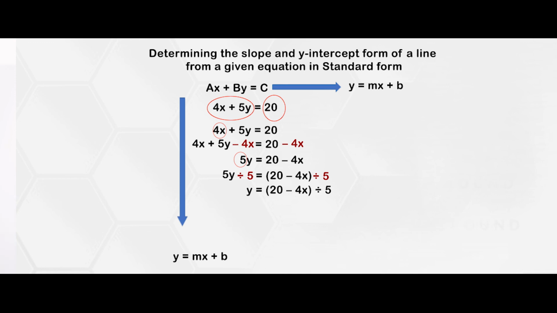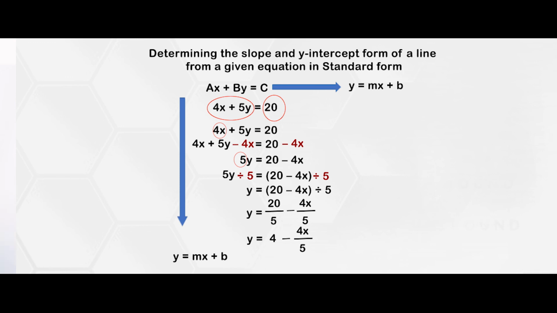Because when you divide, we don't divide individually, we divide it together. Now it's time to divide them individually. So 5 goes inside the bracket on the right hand side. It divides 20, and it divides 4x. But we cannot divide the 4x. So 20 over 5, we get 4. So we are here with y equals 4 minus 4x over 5.